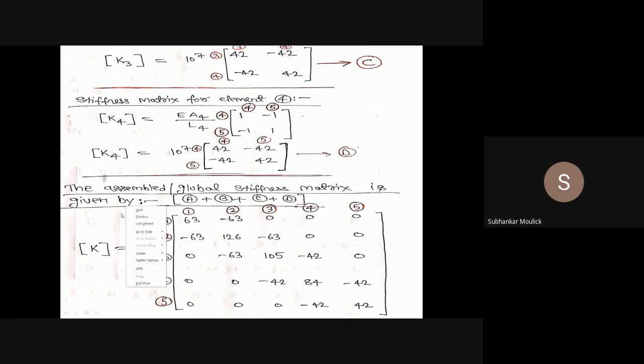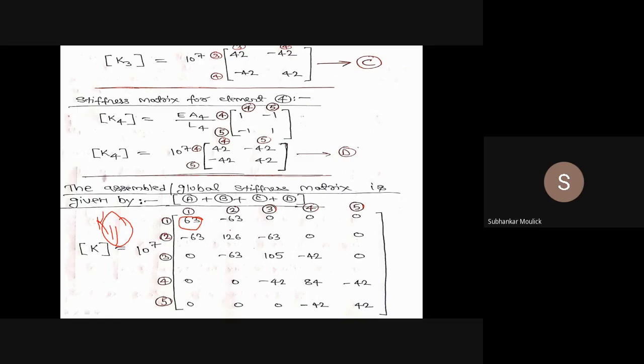From equations A, B, C and D, you need to get each element. That means K11, K12, K13, K14, K15, K21, K22, K23 and so on. You have to find each one from A, B, C and D. If it is there, write that value. If it is not present, just make it 0.